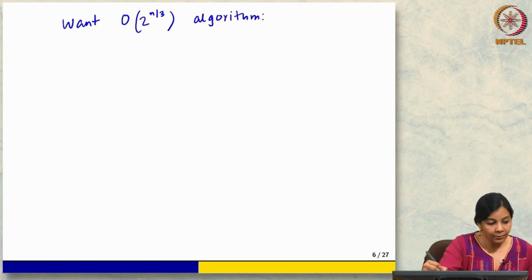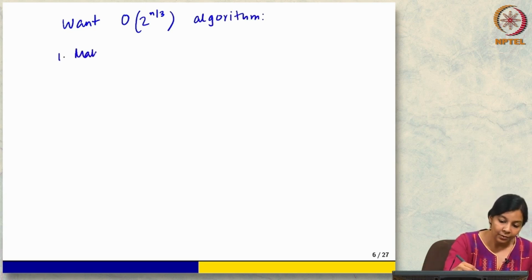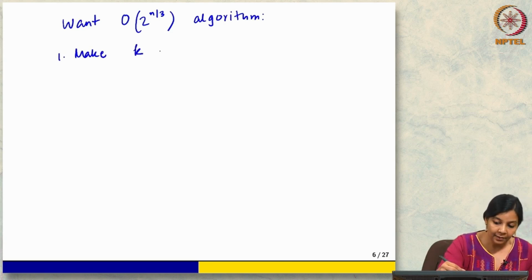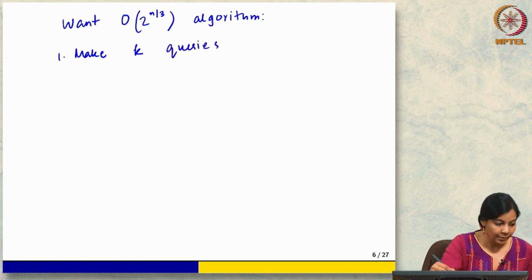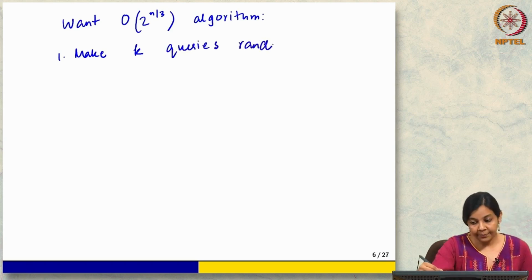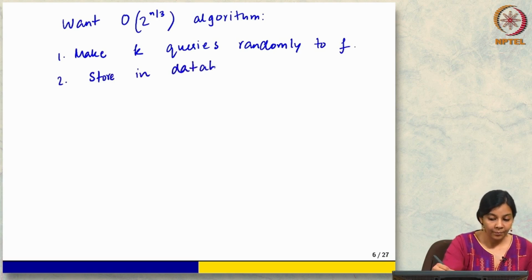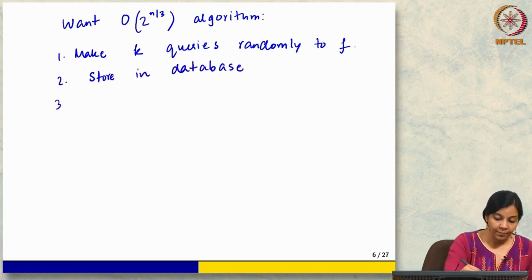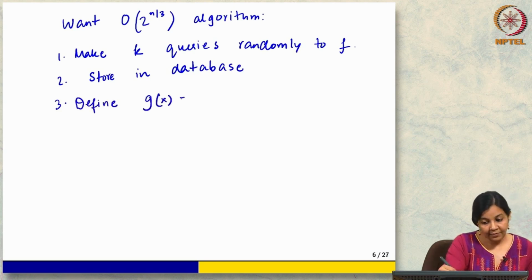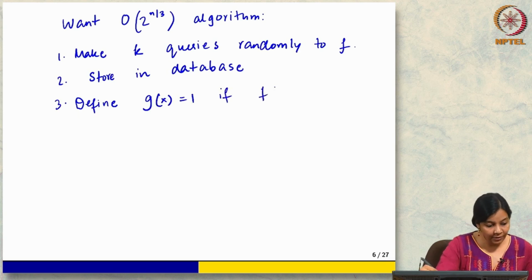then what I do is the following. So I make some k queries randomly to f. Okay, I store these in a database. And then define g(x) equal to 1 if f(x) is in the database.